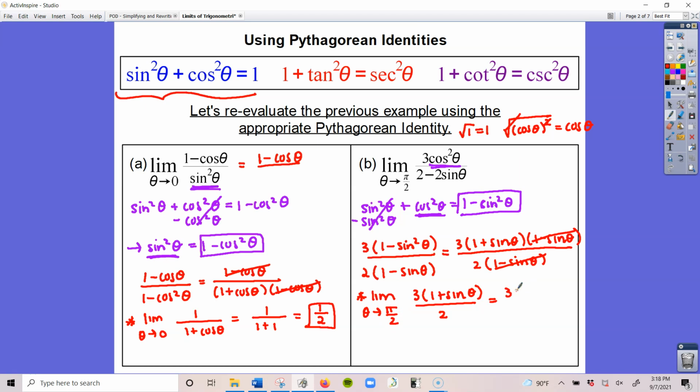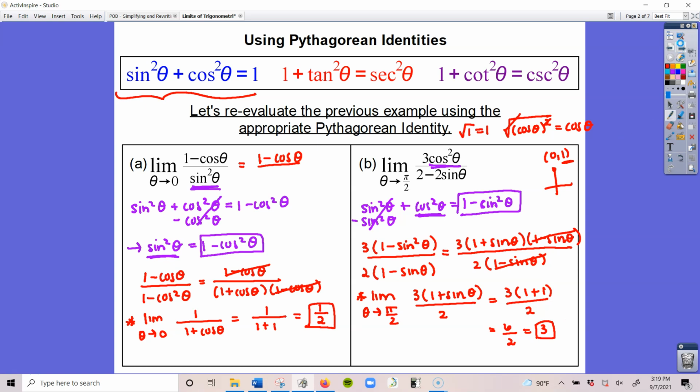So we get 3 times 1 plus the sine of pi over 2. Pi over 2 is up here. This is the coordinate 0, 1. So the sine of pi over 2 is 1, all over 2. This is 3 times 2, so 6 divided by 2, which is equal to our final answer of 3.